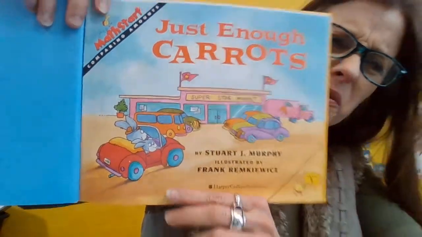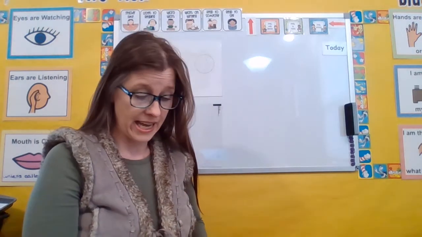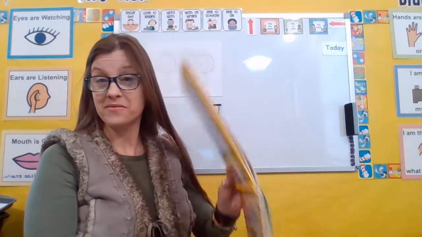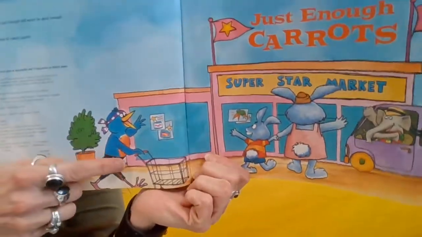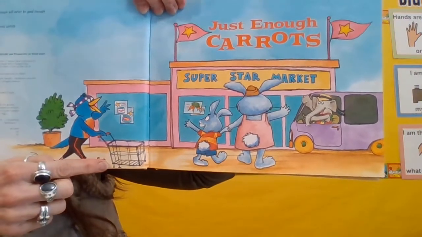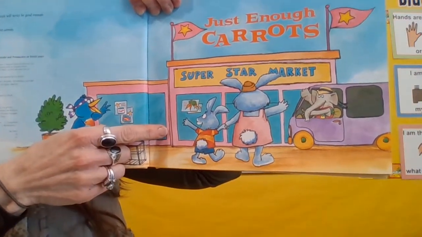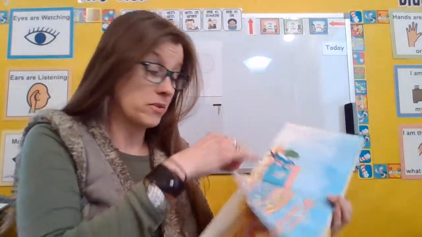What kind of store do you think that is? What kind of store would we buy carrots at? Oh, you are so smart. Look, it is a grocery store. I see a picture of Bird and he has a shopping cart. Mom and little Rabbit are going to the grocery store. So let's see what they do at the grocery store.